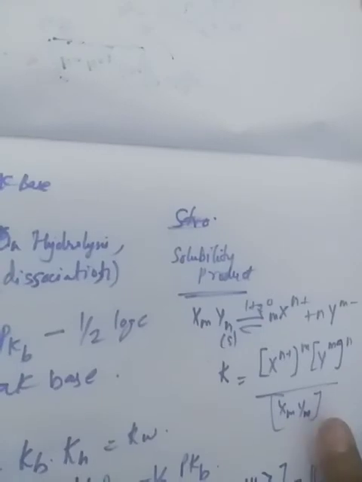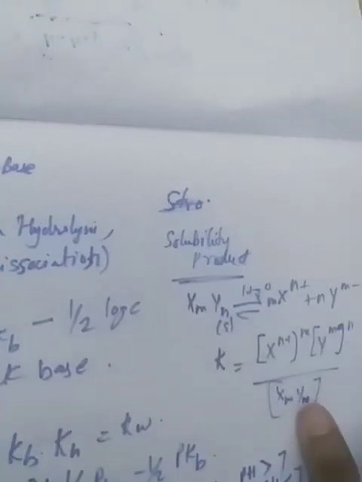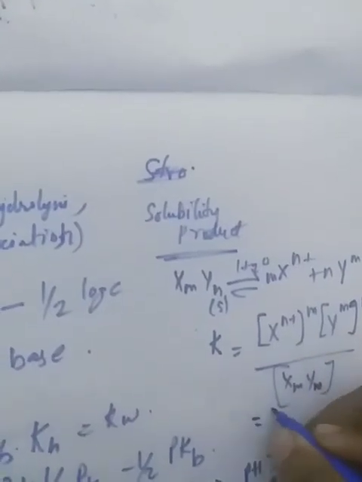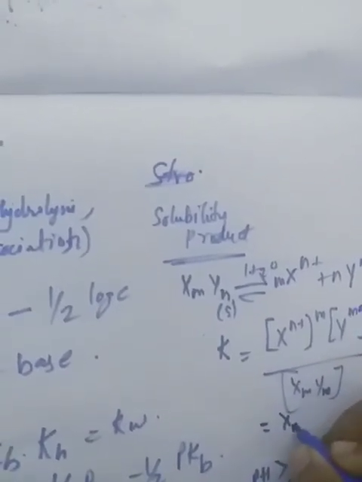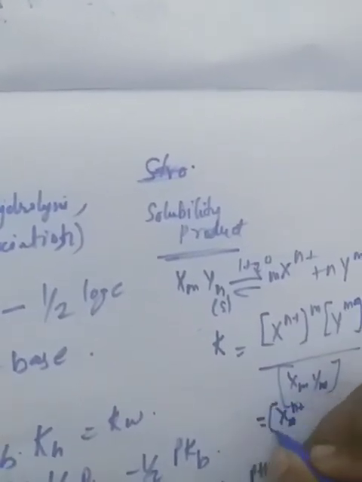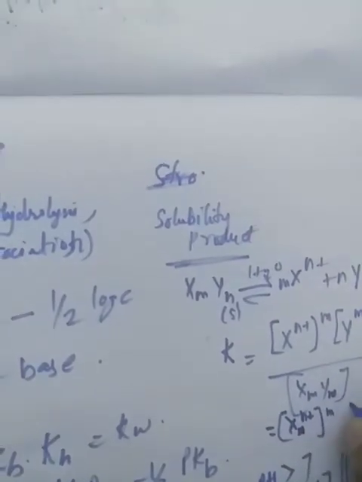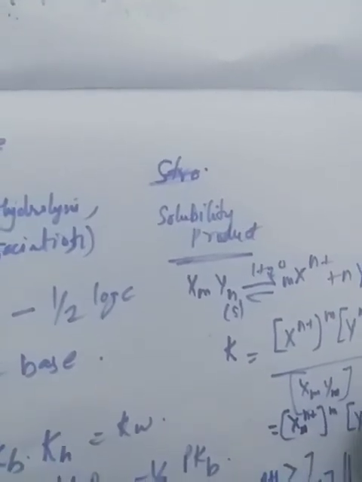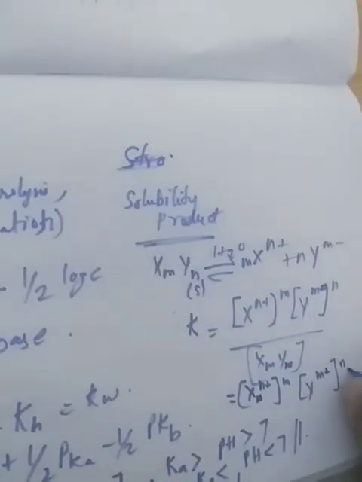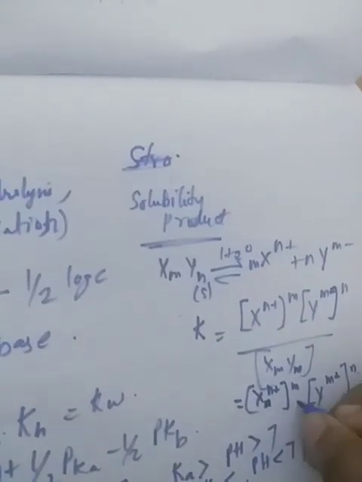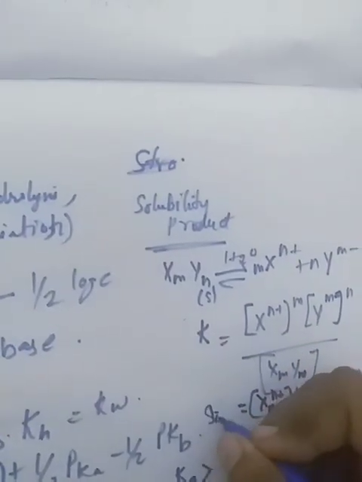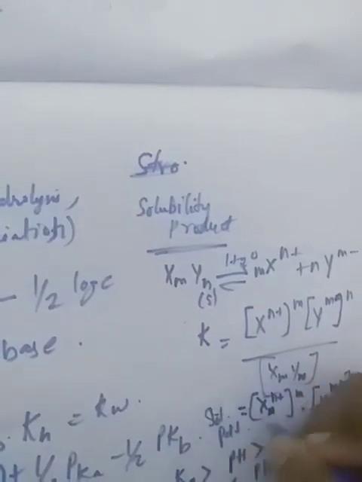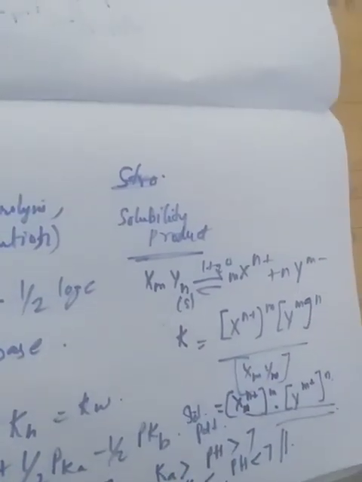So the solubility product is X n plus to the m times Y m minus to the n. This is the solubility product. This is how we will find the solubility product.